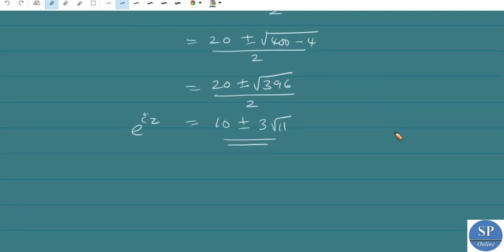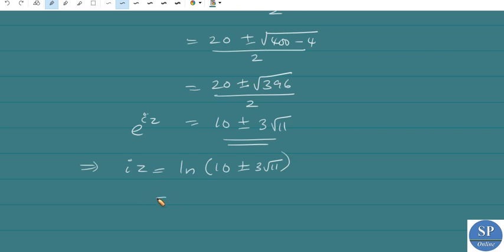Okay, so we know how to solve the exponential equation. From this we can write i into z is equal to ln of 10 plus or minus 3 square root of 11. Clear?